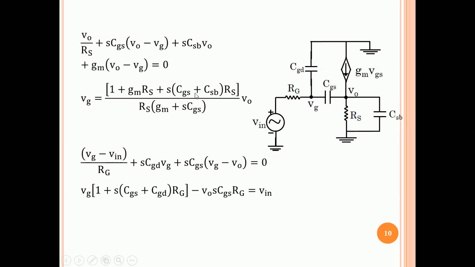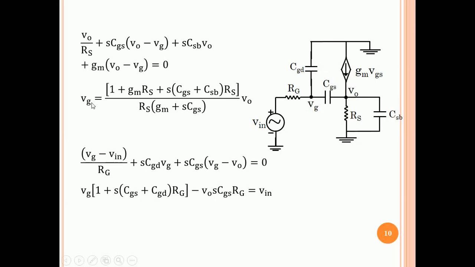So you get VG in terms of VO, and you write an equation at the input: VG minus Vin by RG plus SCGD VG plus SCGS into VG minus VO, multiply by RG, and you'll get VG something minus VO something equal to Vin.